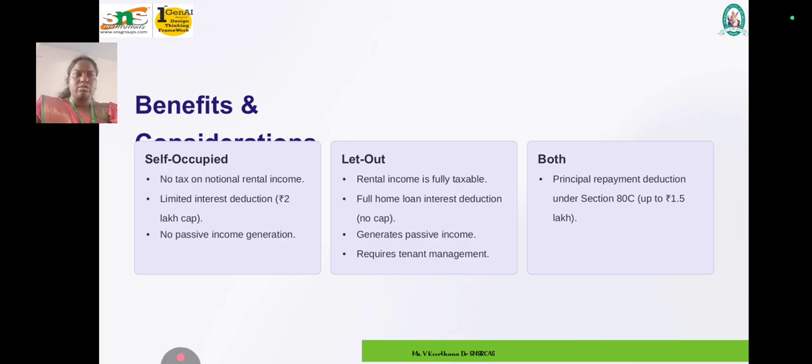Coming to let-out, rental income is fully taxable, full home loan interest deduction has no cap, and it also generates passive income. Next, it requires tenant management. Coming to both, the common rule is principal repayment deduction under Section 80C, which is up to 1.5 lakhs.